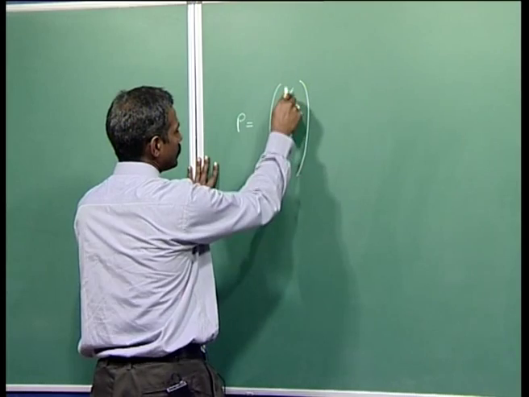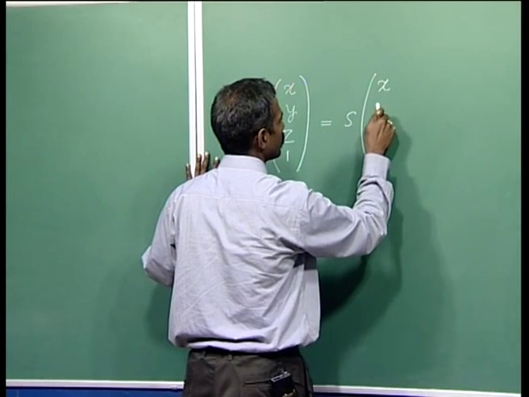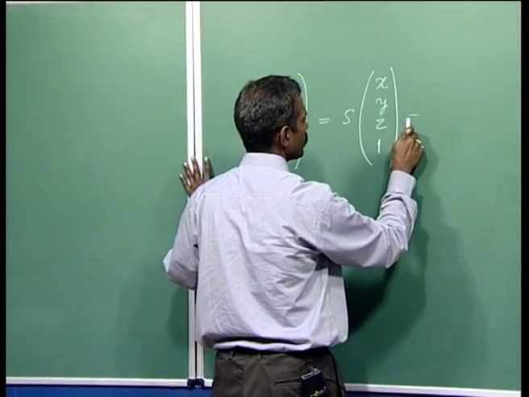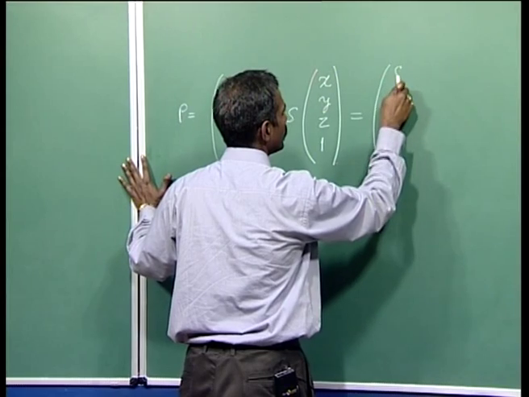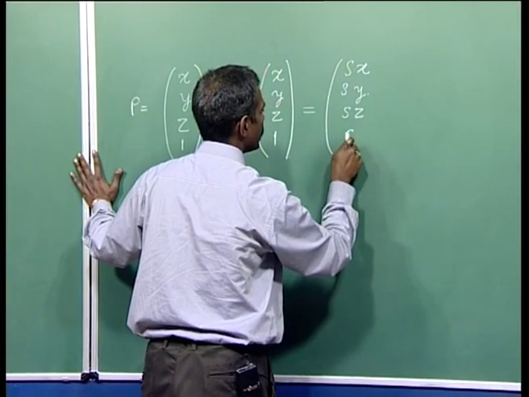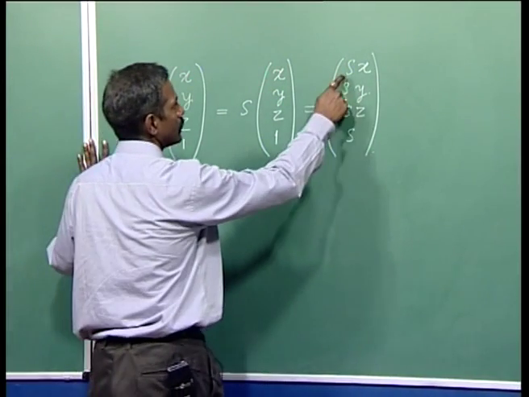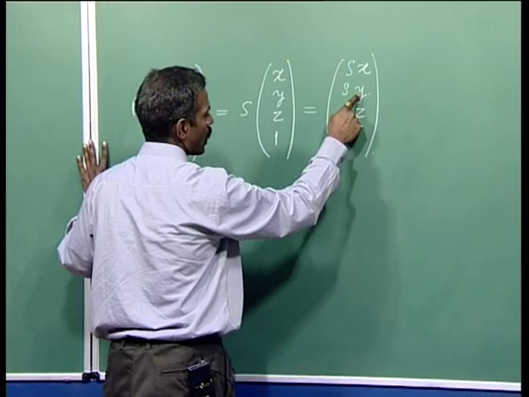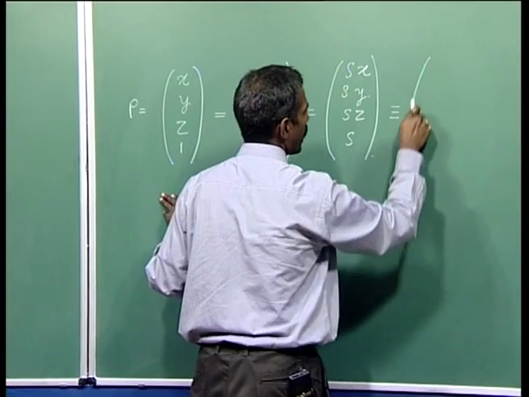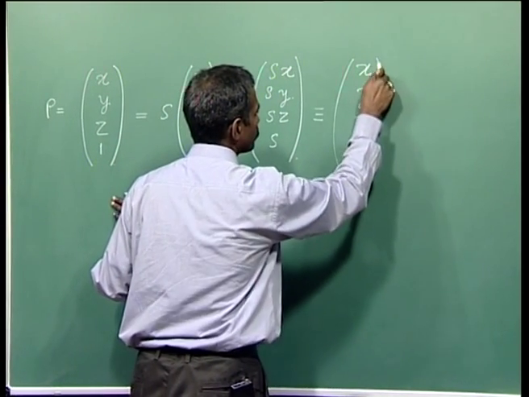If I multiply this column vector by s, this would give me Sx, Sy, Sz, and S. In homogeneous coordinates, the column vector Sx, Sy, Sz, and S would represent the same point as x, y, z, and 1.